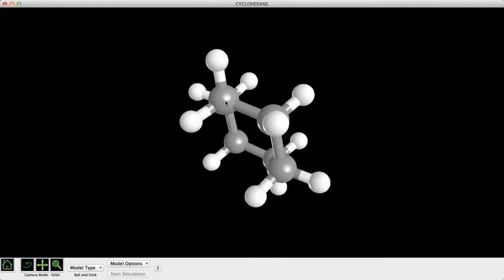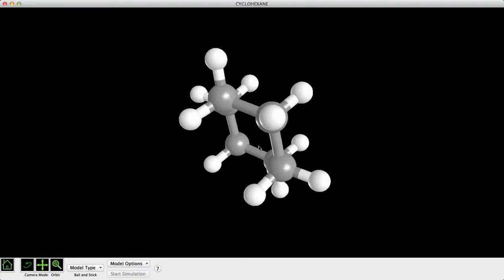Here is C5, here is C6, behind it is C5. Here is C2, behind it is C3. Here is C1, here is C4. Notice how one puckers up, one puckers down. That is the Newman projection.